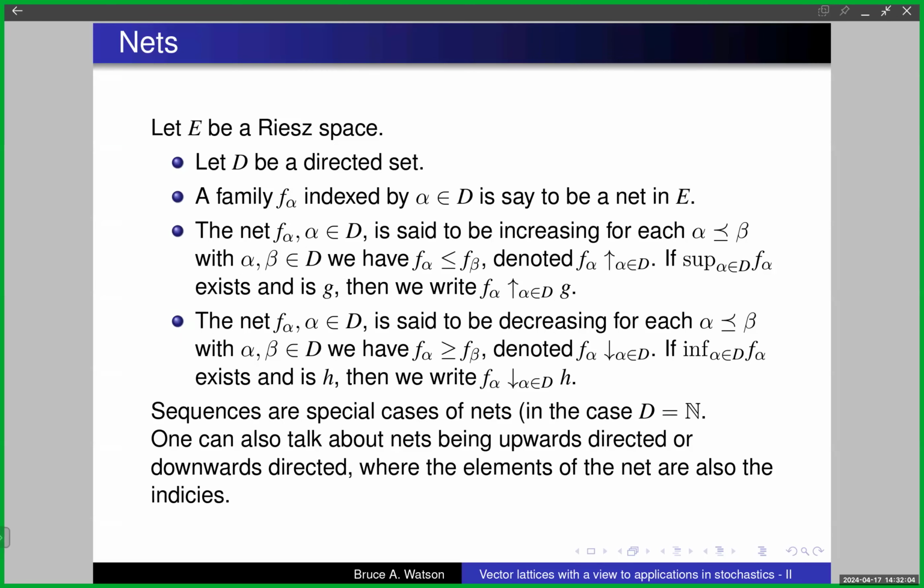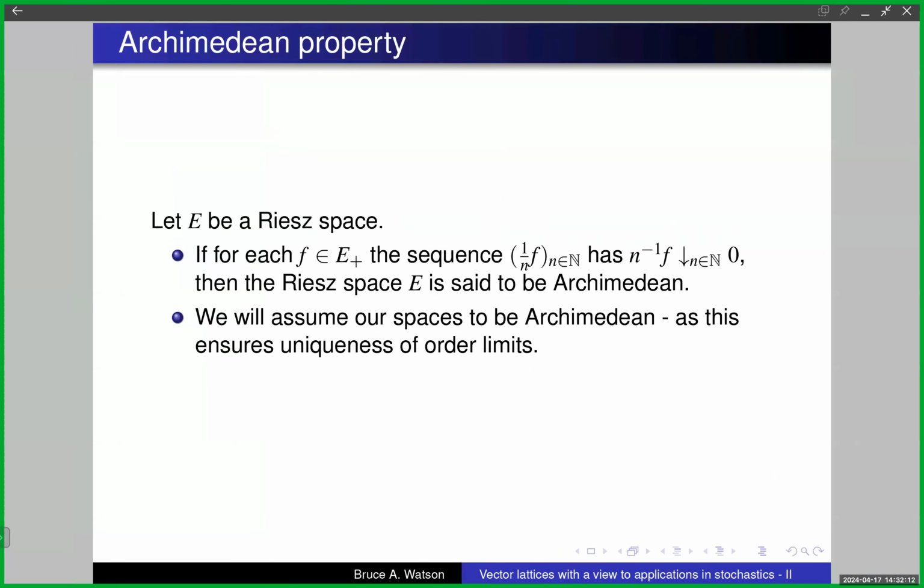Our index set D is the naturals, and it matches the conditions for it to be decreasing there. If the infimum of that sequence is 0 for every f in the positive cone, then we say that the space is Archimedean.